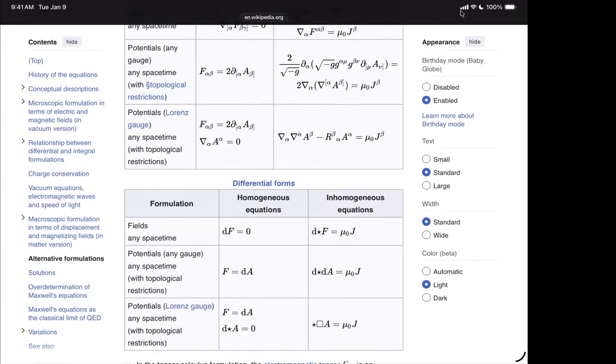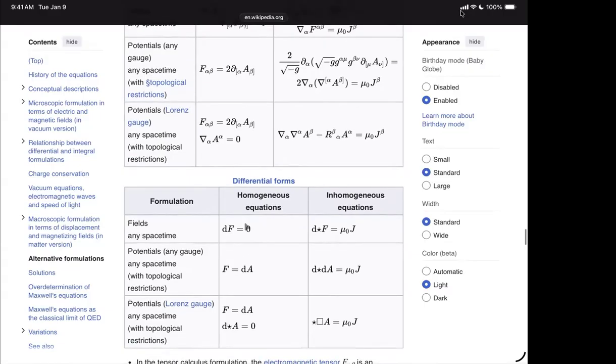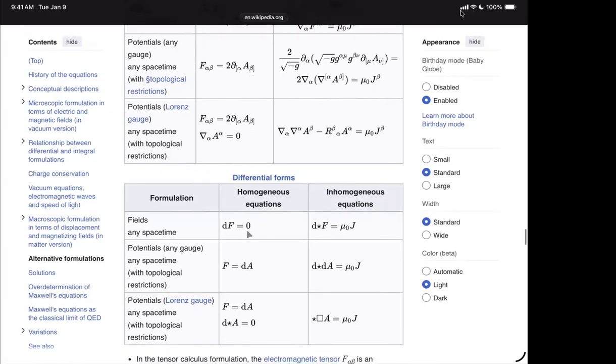But it is really elegant because all the equations get summarized in a much simpler way. This is just saying that there's a magnetic and electric potential under certain circumstances. Actually, it says here with topological restrictions, as it does depend on the topology of the space. But it is very nice that you can have them like that.